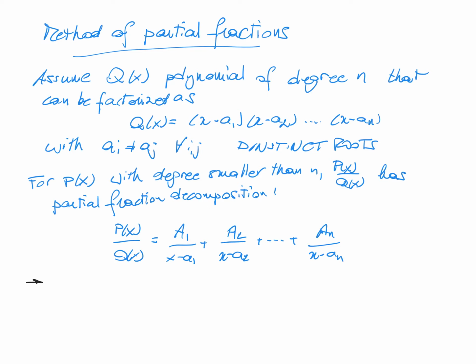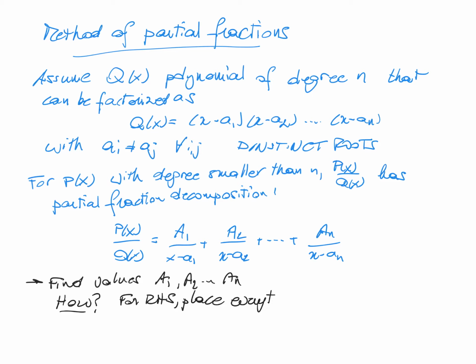The only thing that then remains is to find the values of those numerators. So find the values A1, A2 up to An. How do we find the values? Well, you take the right hand side and you place everything on the same denominator, which then gives you something s of x divided by q of x.